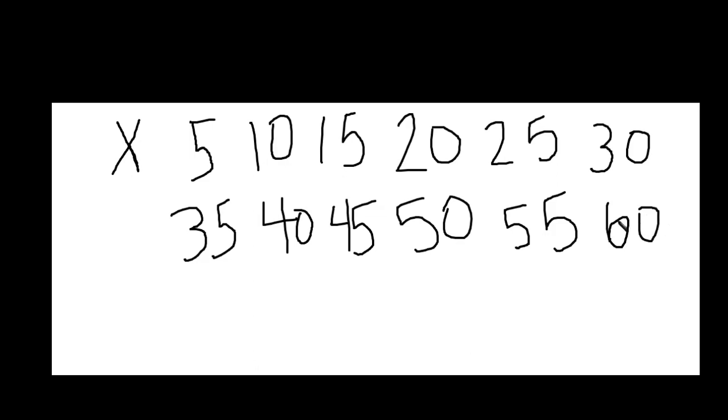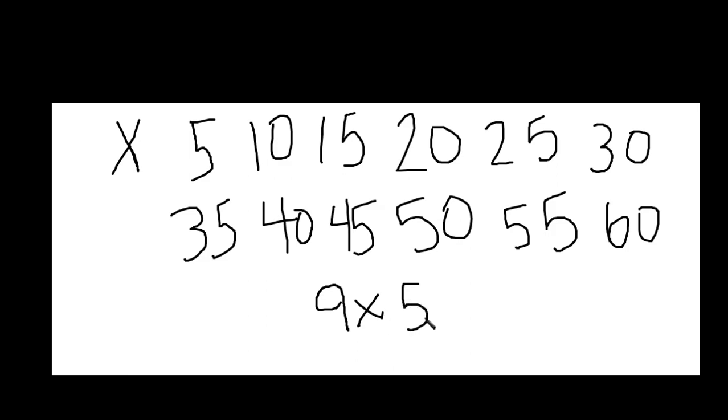Let's count that together. 5, 10, 15, 20, 25, 30, 35, 40, 45, 50, 55, 60. If you can count this, you are able to multiply by 5s.